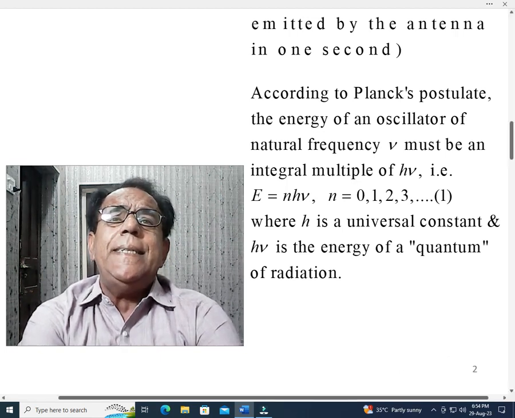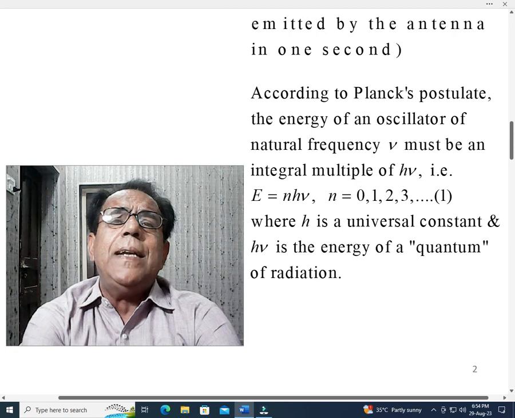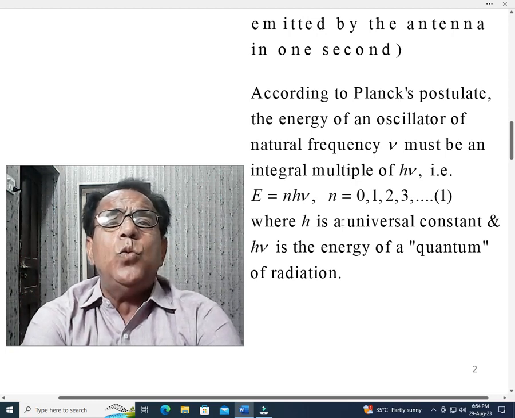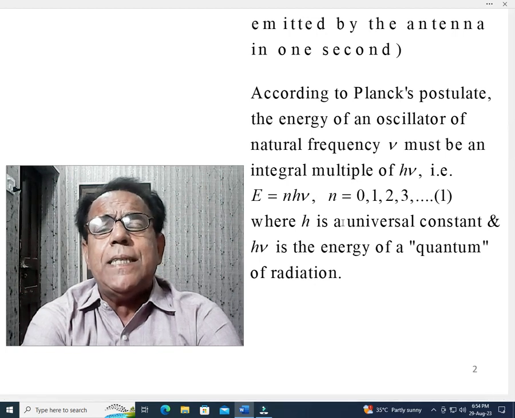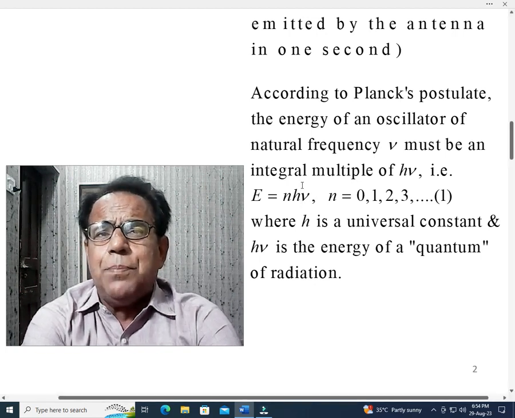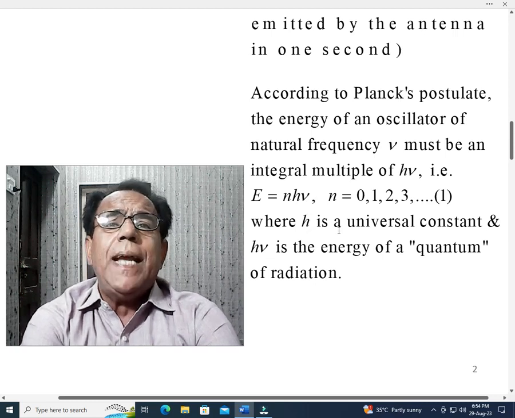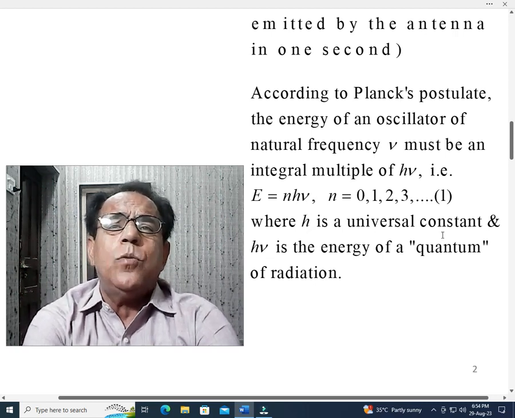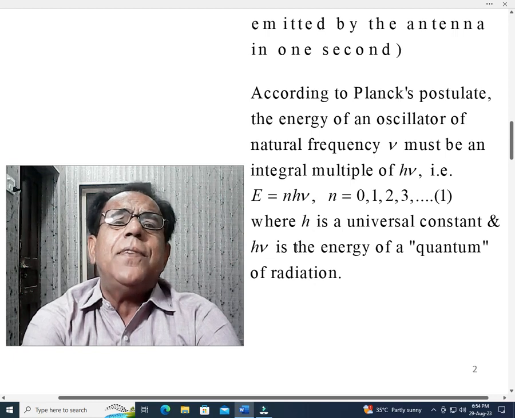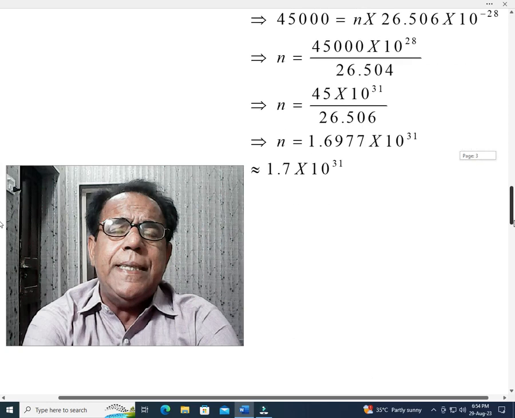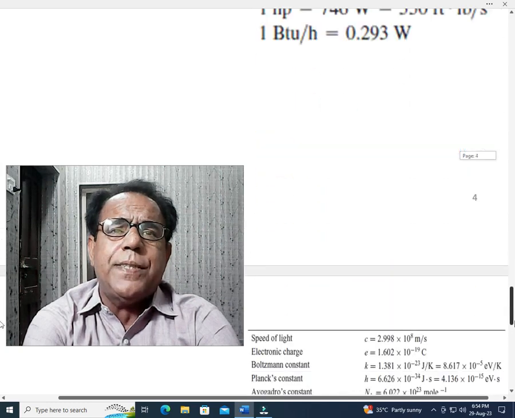Here n is an integer. Okay, and when some value multiplies with an integer, we call that multiplication an integral multiple. Where h is a universal constant. In other words, h is Planck's constant, and its value is given in the table at the end of this problem.